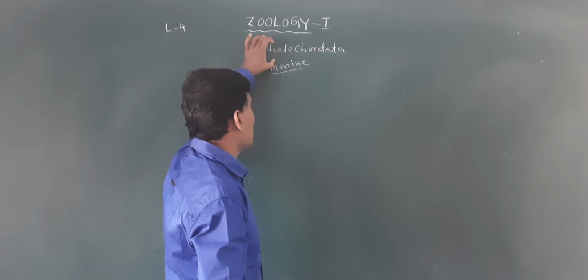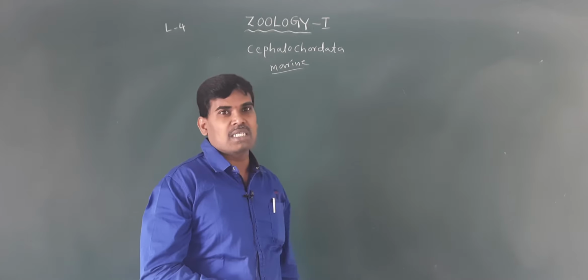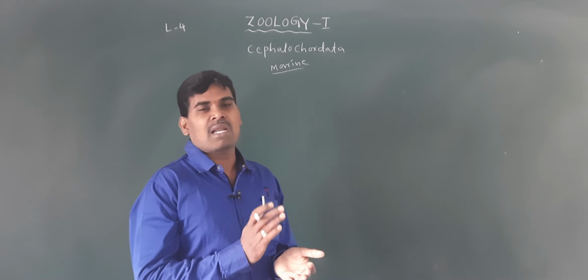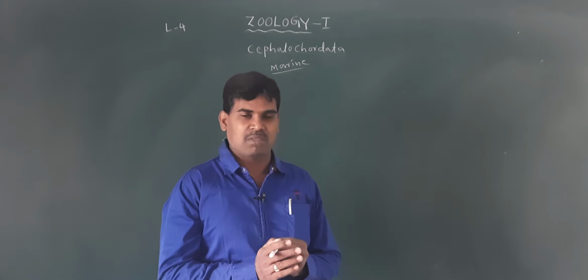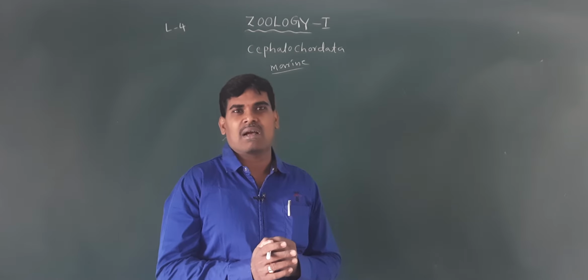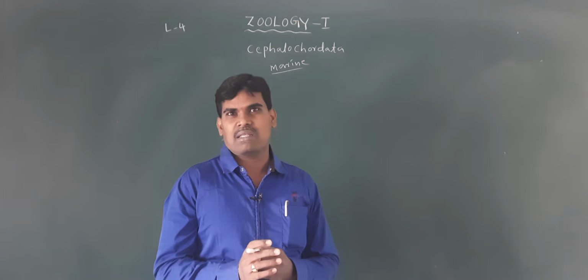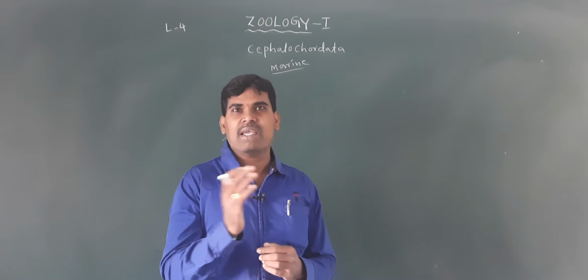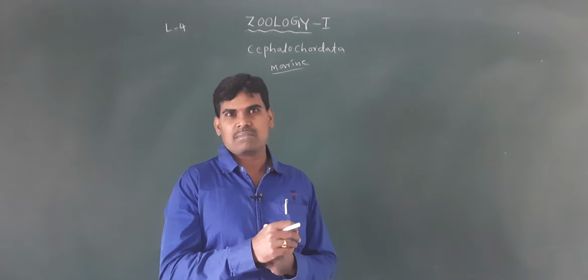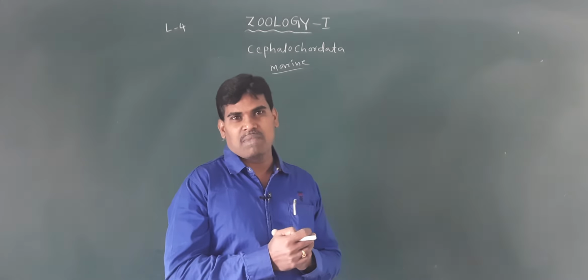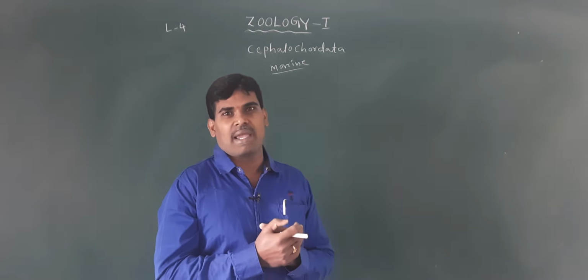The Cephalochordata animals have a transparent body. Transparent means the internal organs are clearly visible, just like glass, clearly visible inside and outside.